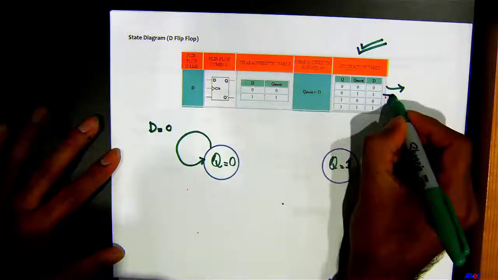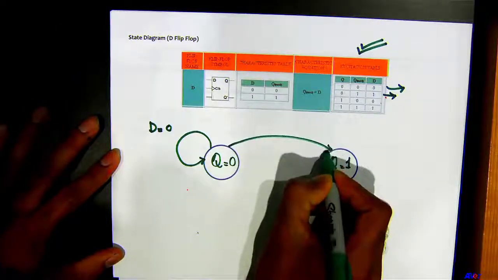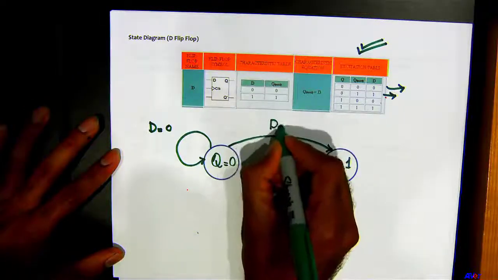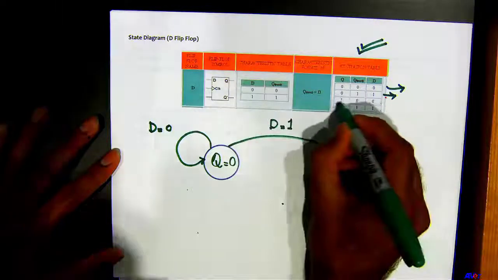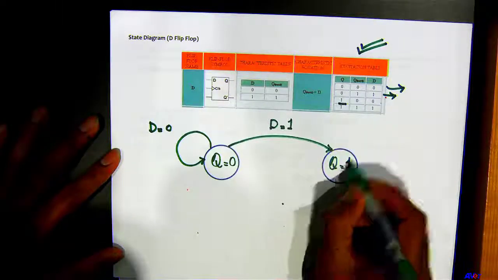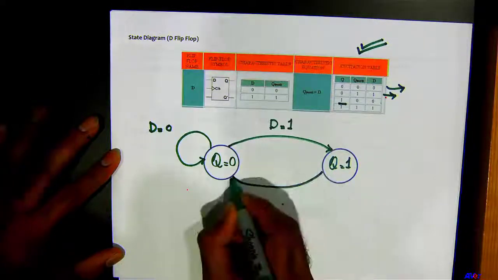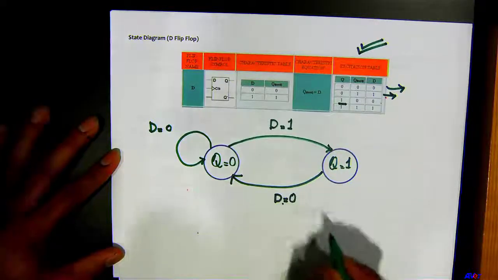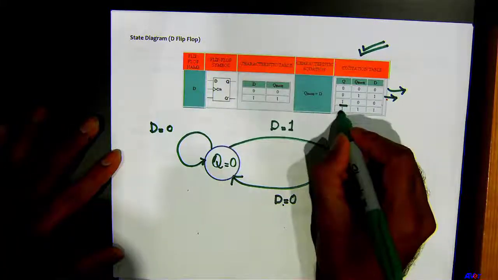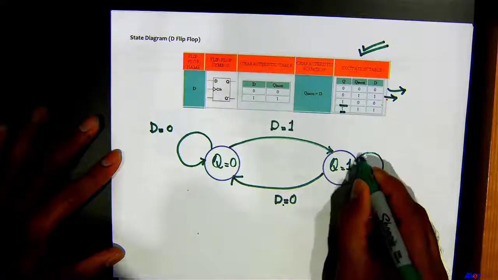Next state is going to be 1 when D equals 1. If the present state is 1, which is right here, it goes to 0 when D is 0. If the present state is 1, it will stay at 1 if D is 1.